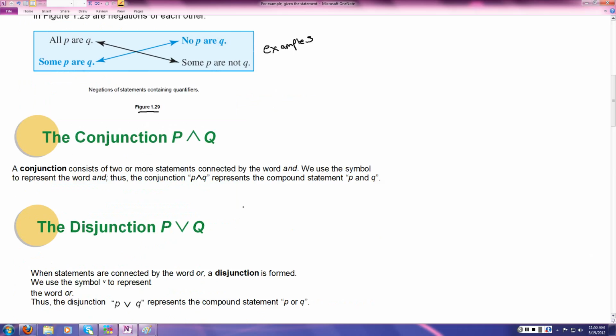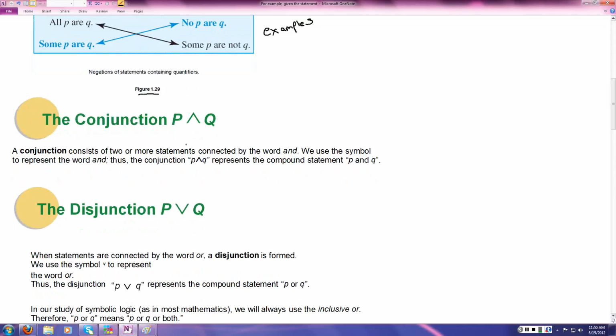The next thing we're going to talk about is a conjunction. And a conjunction is defined with this little up caret. A conjunction consists of two or more statements connected by the word and. We use the symbol to represent the word and, thus the conjunction P and Q represents the compound statement P and Q. So I always like to think of this as I went to the party and I had ice cream and cake.